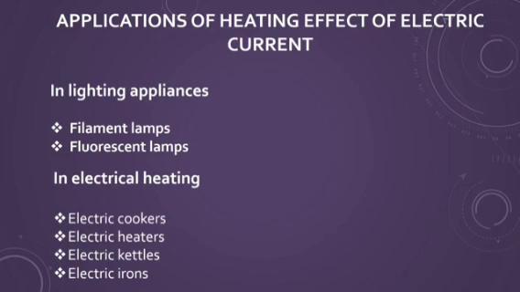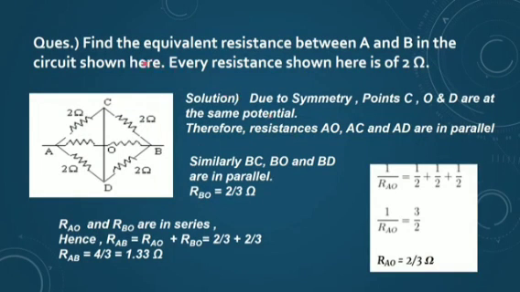This is a question for you to solve: finding the equivalent resistance between two points A and B as shown in the diagram, where every resistance is 2 ohm. For such questions you have to go with the symmetry. You have to see which resistances are in series and which are in parallel.